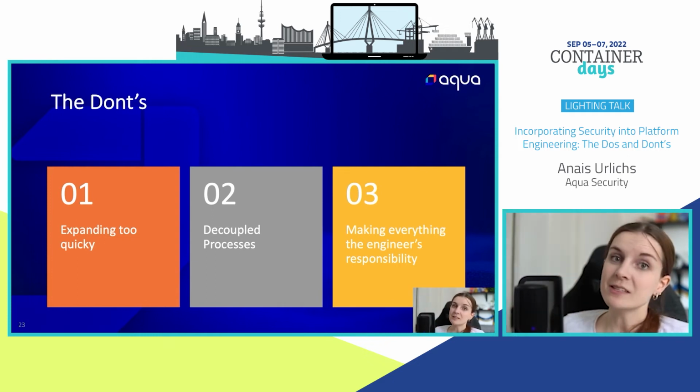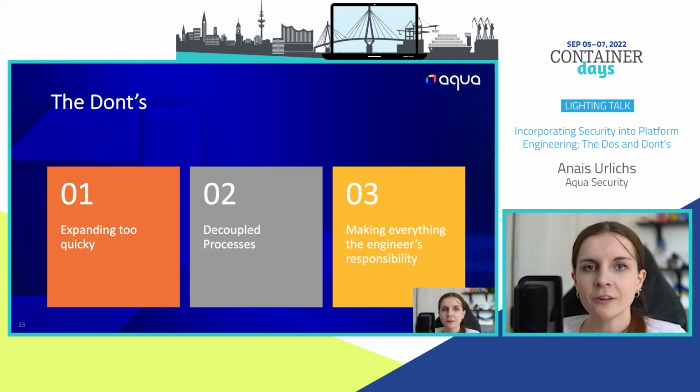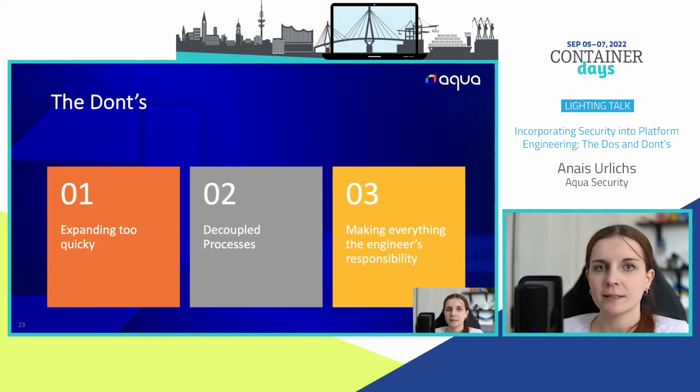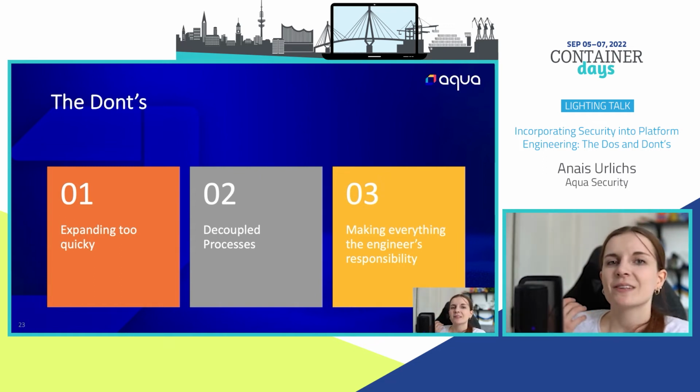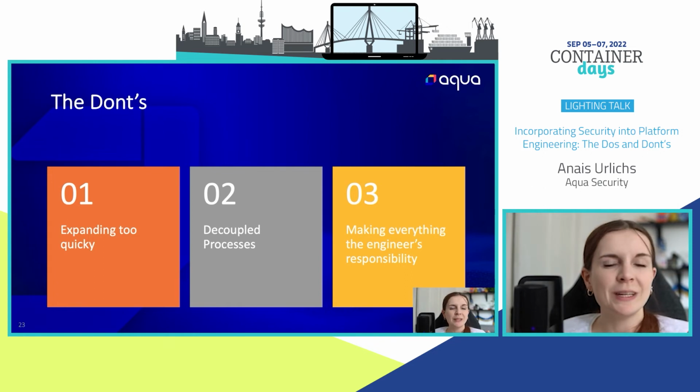Now, decoupled processes is another thing. Again, you want to have data that correlates. You want to be able to correlate the data, for example, if your application goes down, or if you see one thing happen in your application, maybe that's correlated to more vulnerabilities being introduced.